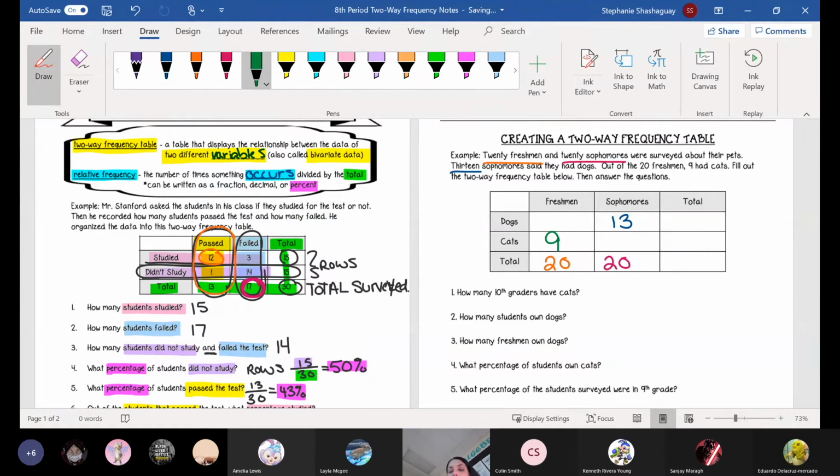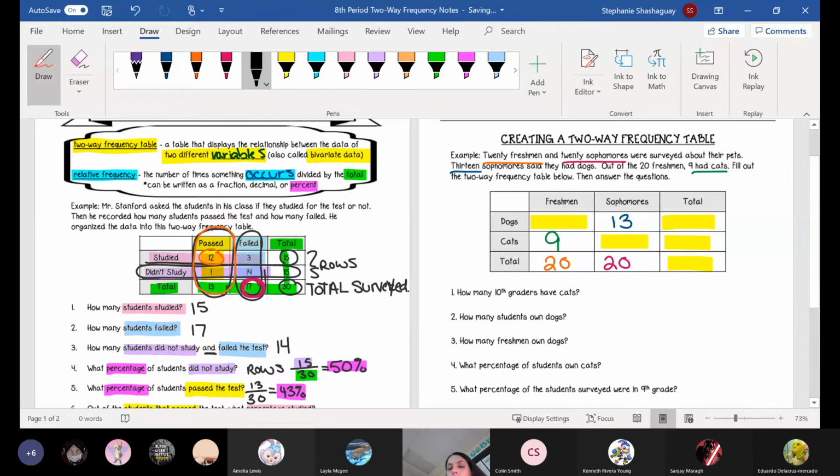Fill out the two-way frequency table below, then answer the questions. So everything in the colored writing was given to us in the word problem. Now we have to figure out the rest of the boxes. So that should be pretty easy, right?